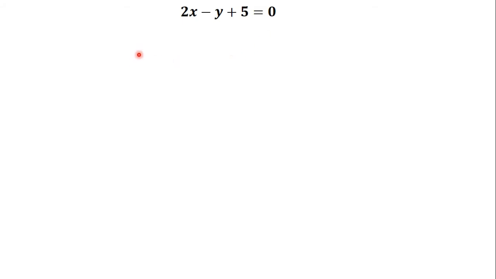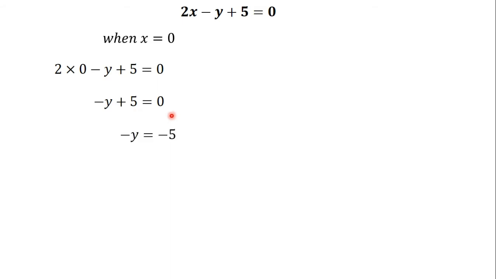To get that, I'm going to assume a value for x, then I substitute it into this equation to get a value for y. So for the first point, I will assume when x is equal to 0. Now when x is equal to 0, the equation becomes 2 times 0 minus y plus 5 is equal to 0. 2 times 0 is 0, so you will have minus y plus 5 is equal to 0.